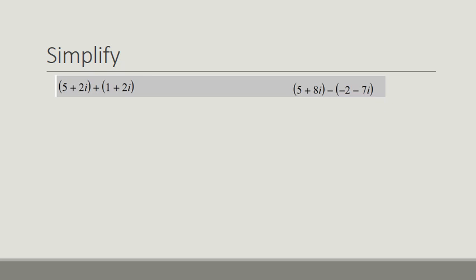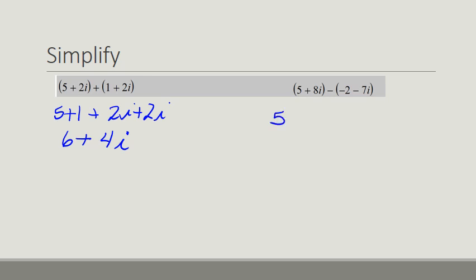You would do it just like you would if you were using algebraic expressions. So we would reorder: 5 plus 1 plus 2i plus 2i. 5 plus 1 is 6, and 2i plus 2i is 4i, and that's simplified as far as it can go. Remember with subtraction to be careful, right? We're going to distribute the subtraction.